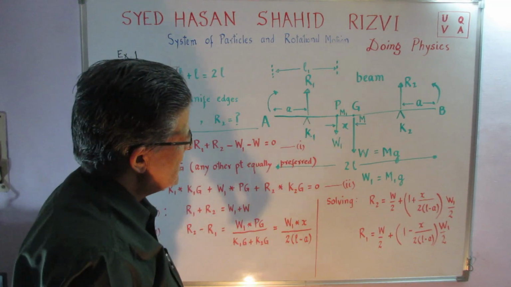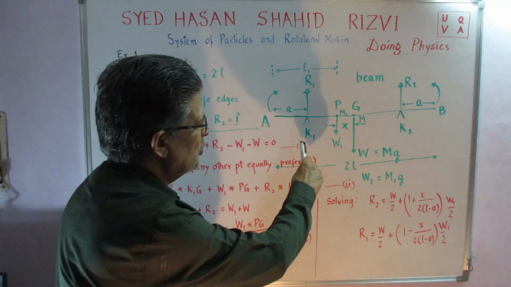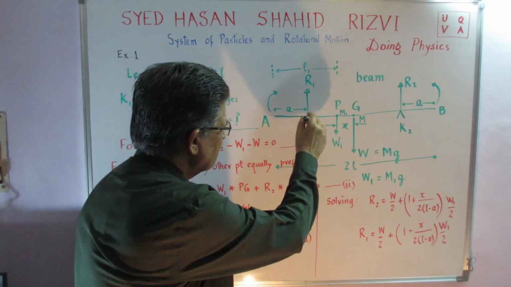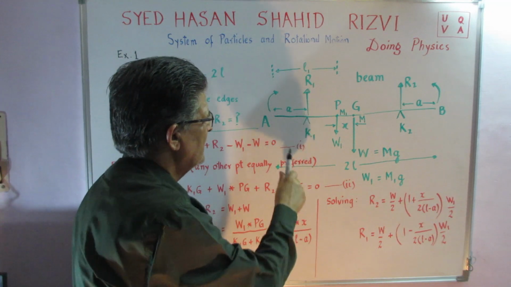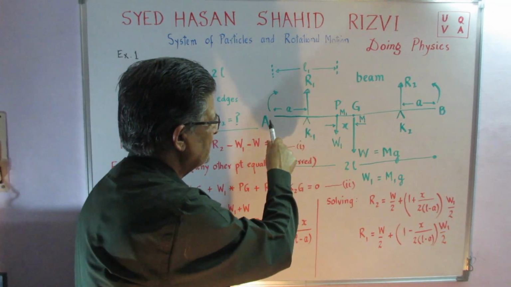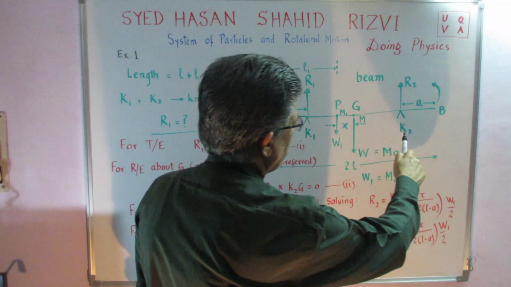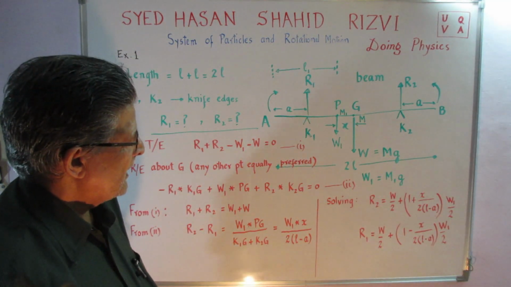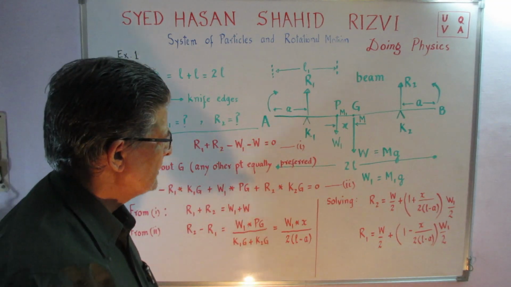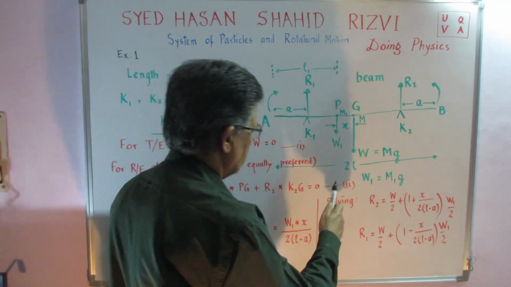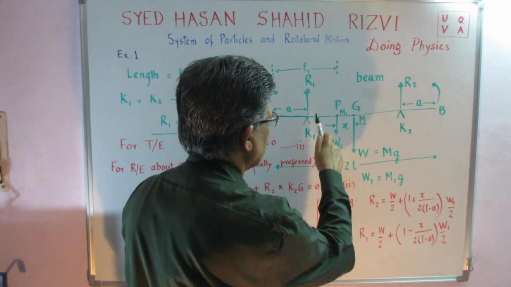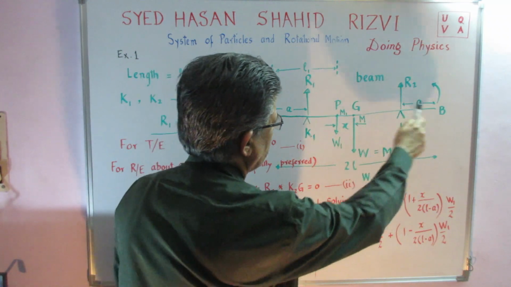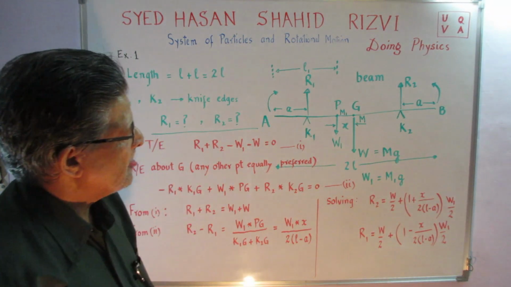I have two knife edges at the same distance from each end, that is A to K1 and K2 to B are both equal. I take the total length of the beam as 2L, that is L plus L. From A to G it is L, from G to B it is L.